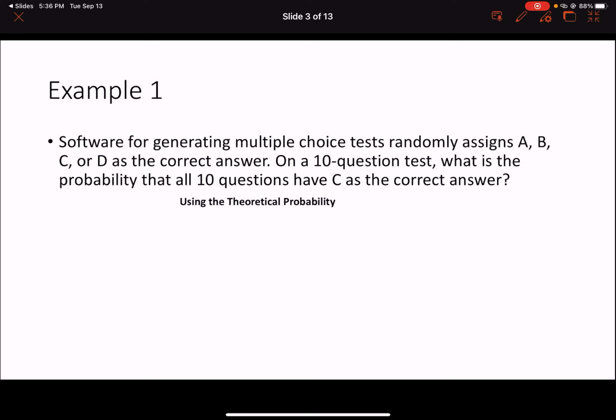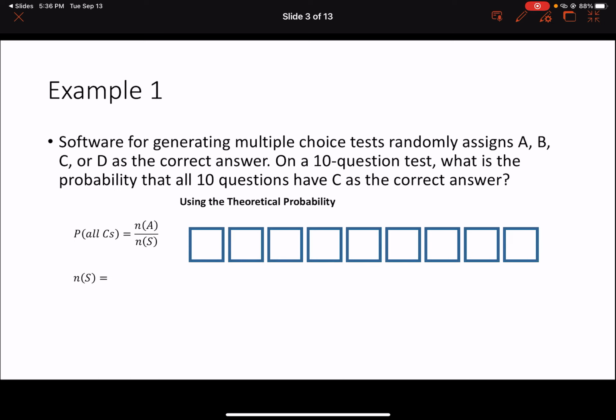One of the ways is we can use the theoretical probability, and we can find the number of ways that we get all C's over the number of total ways that the software can randomly generate combinations of correct answers. So what is n of S?